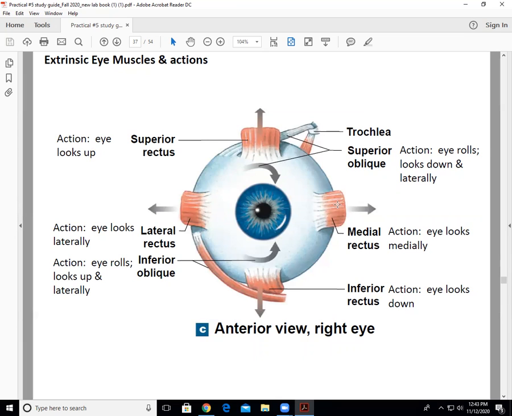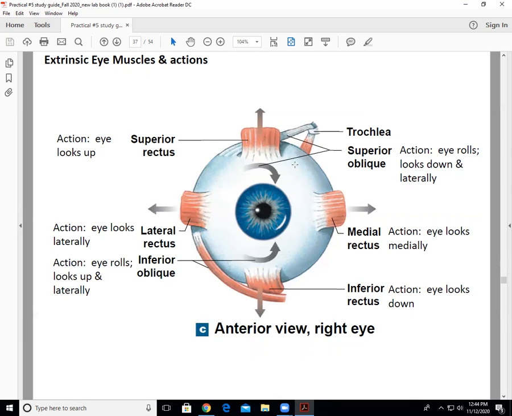So you have the inferior oblique, which helps the eye roll, look up and laterally. And then you've got the superior oblique, which goes around this trochlea. It also helps the eye roll and look down and laterally.